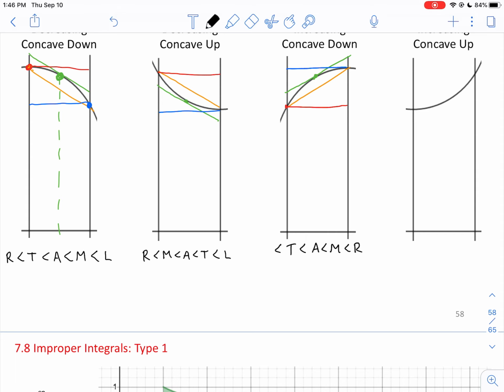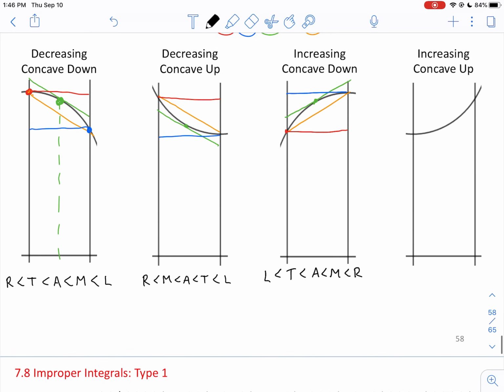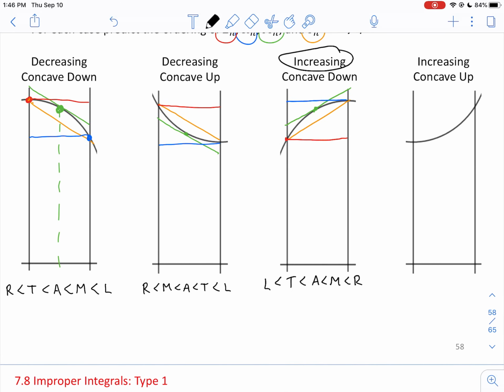An underestimate of this would be a trapezoid, and a worse underestimate would be left. So now that the function is increasing, that's where you now have left as a gross underestimate and right as a gross overestimate. But because we are concave down, that means the T and M will be on the same sides of A as when you were decreasing concave down, right?